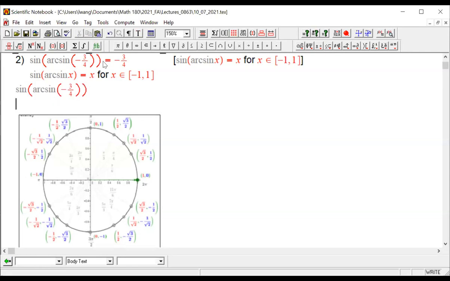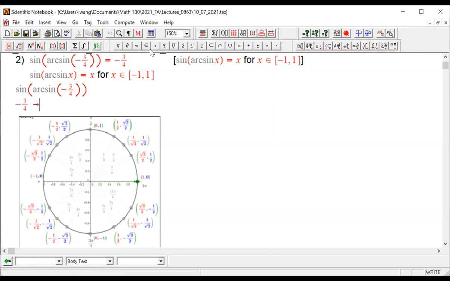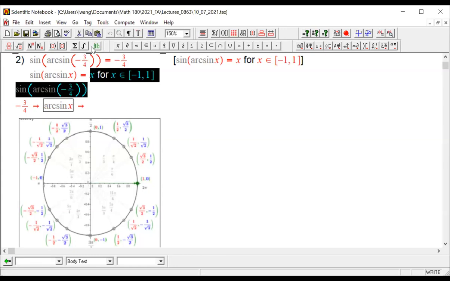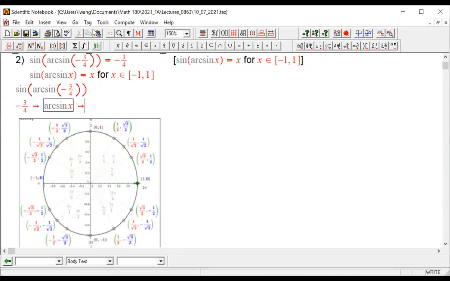Now, what happened is that you have this input of -3/4 given to arc sine, that function. It produces the angle, and the name of the angle is such. It's not a special angle, I apologize, but it's intentional.